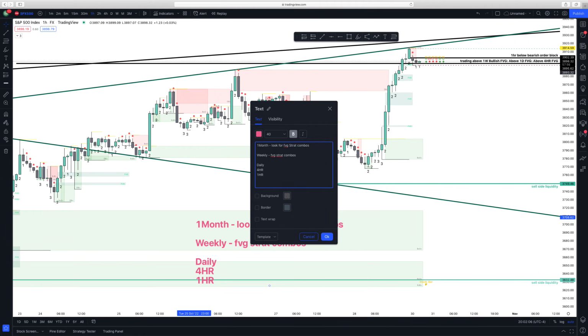So on the daily chart, I mark fair value gaps. I also mark buy and sell side liquidity. For the 4 hour chart, I use fair value gaps as well. I also look for rejections, and also I look for order blocks.